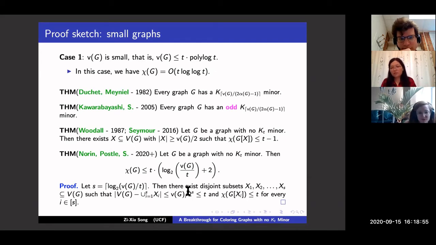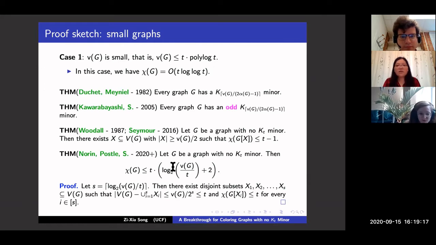You take an X1 with at least half of the vertices that is T colorable, then you take an X2, and after these many steps, the remaining graph must be T colorable. So you just add up and you get this bound. So when the number of vertices of G is small, roughly you are done.